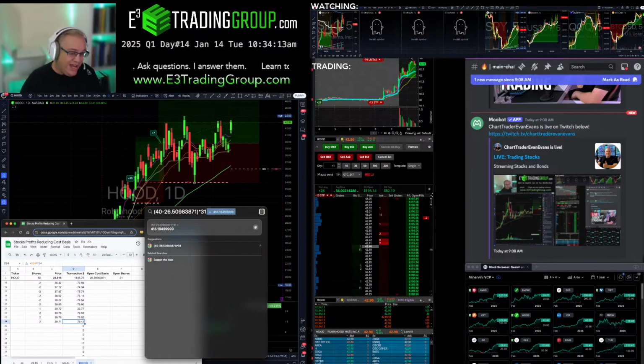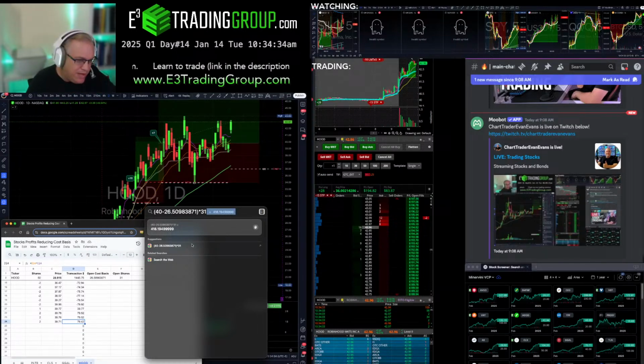Or if you didn't add on and you kept your lower cost basis, and the difference between the lower cost basis and where you are right now times the fewer shares gives you more money. It turns out to be exactly the same, because it doesn't make any difference when you add on, as far as that mathematical calculation there.